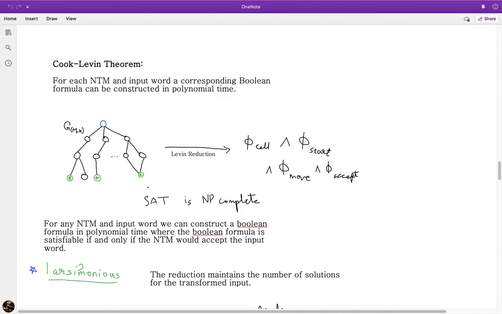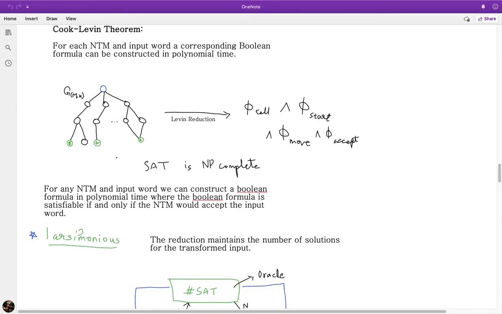As we have seen, we can convert this configuration graph into a Boolean function, and this can be done in polynomial time. We use this fact to show that the satisfiability problem is NP complete.